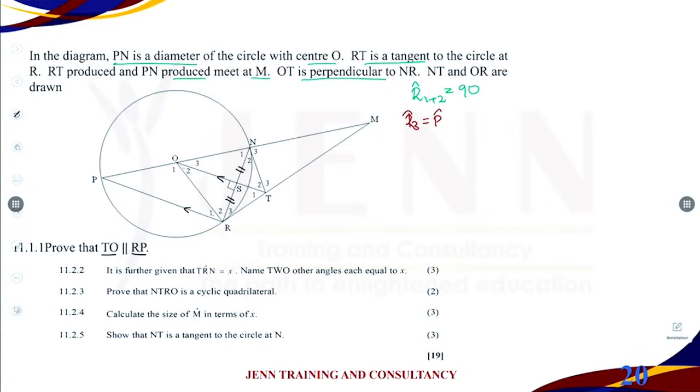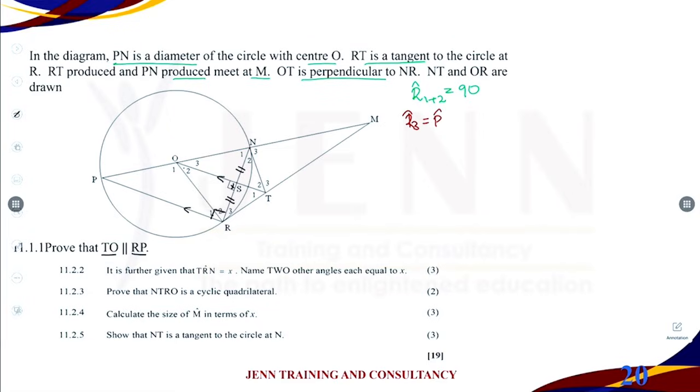That's if you find the sizes of the two, or using either in terms of what. And also, you can prove that this angle here is equal to this angle, the two, because we are proving that OT is parallel to PN.